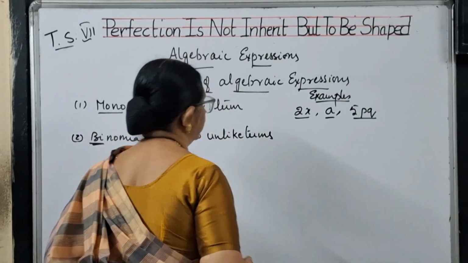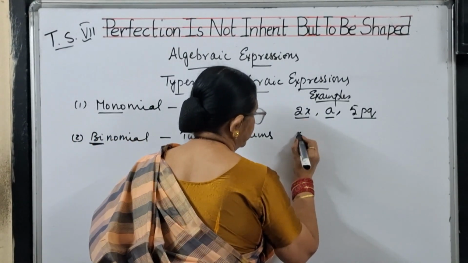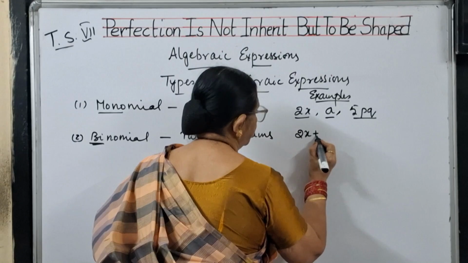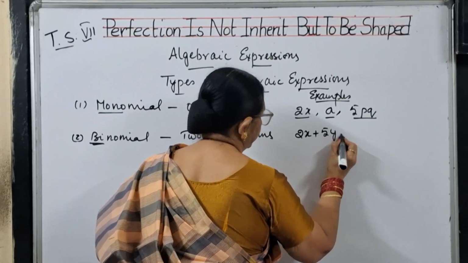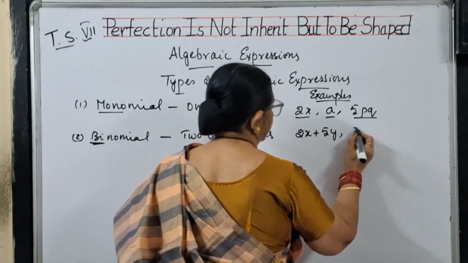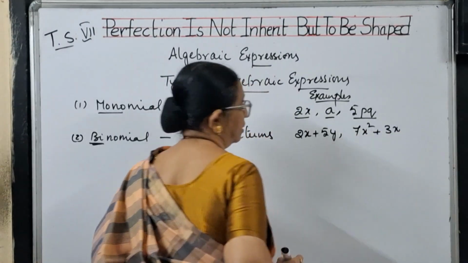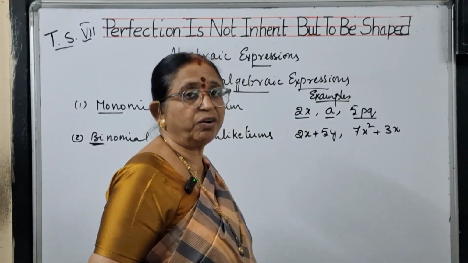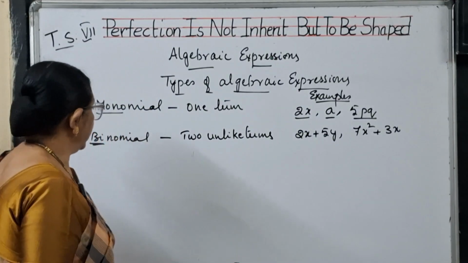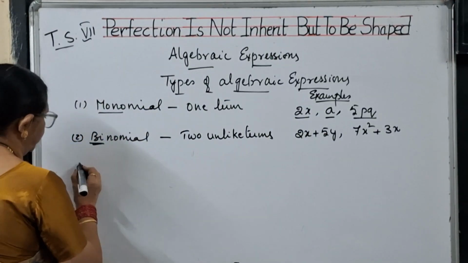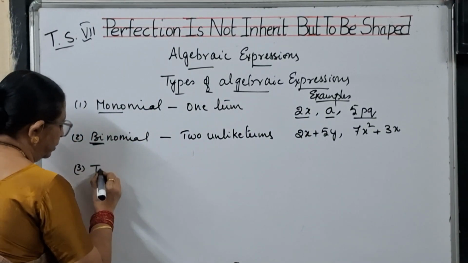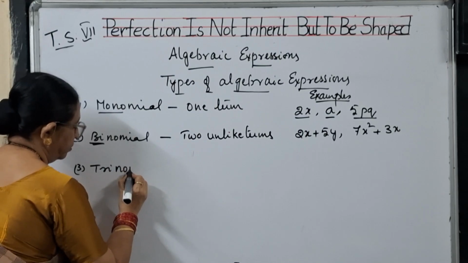Two unlike terms means, suppose you have got 2x plus 5y, 7x square plus 3x. Anyone. These are all called binomials.